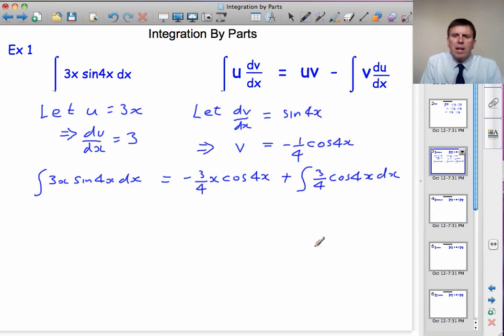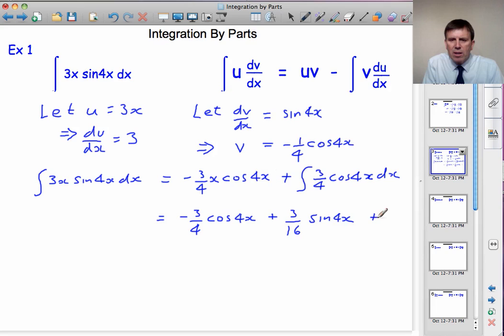dx. Now then, that term's already been integrated. This one is very straightforward because it's no longer got any x's in it. It's just a straightforward trigonometric function to integrate. So this comes to minus 3/4 cos 4x, and when I integrate cos 4x I would get 1/4 sine 4x, but that's multiplied by this 3/4, so that will give me plus 3/16 sine 4x.